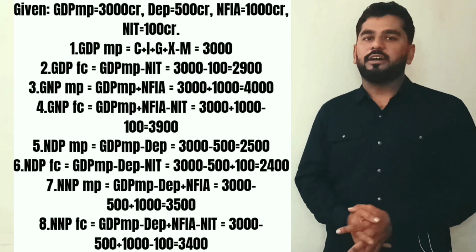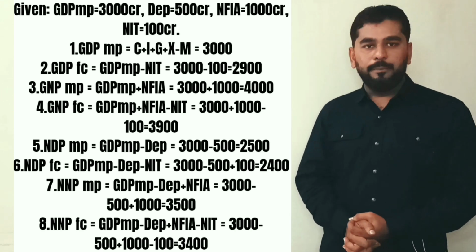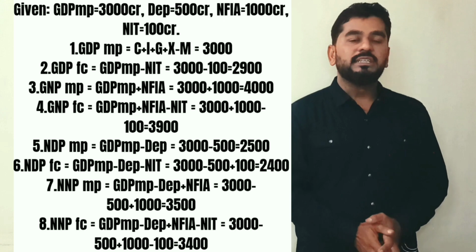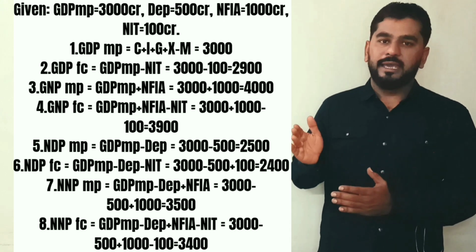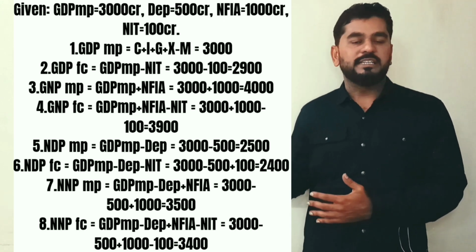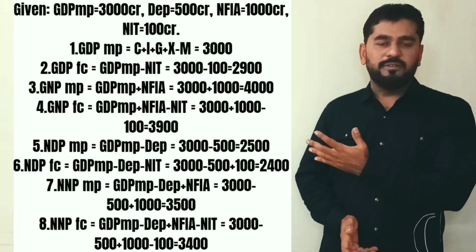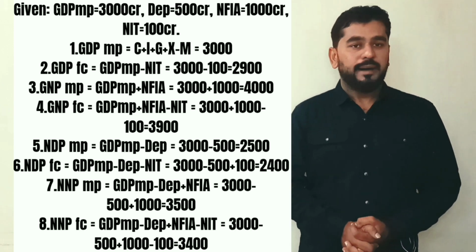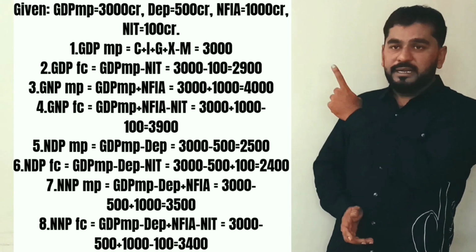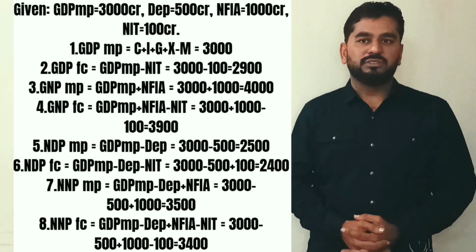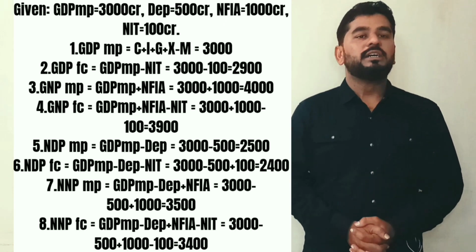The third aggregate of national income accounting is GNP-MP. To find GNP-MP, the formula is GDP-MP plus NFIA, that is, gross domestic product at market price plus net factor income from abroad. Since we know the values, take 3000 as it is, plus NFIA. So 3000 plus 1000 becomes 4000, the value for GNP-MP.